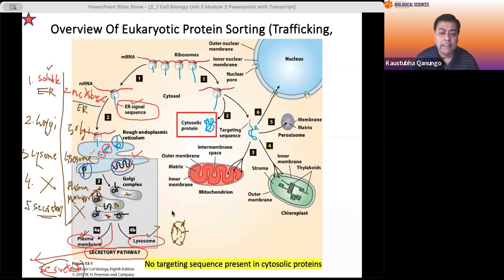So the first thing is that if you do not have an ER signal sequence or any signal sequence, it is ending up in the cytosol. When you have an ER signal sequence, the ribosome is going to be brought by supporting chaperone proteins.